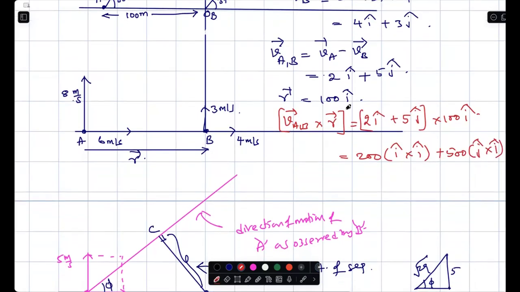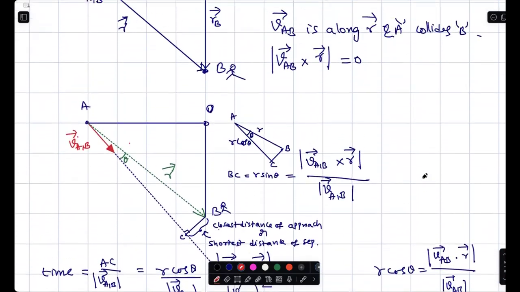You want only the magnitude of this, don't forget. i cap cross i cap is 0. And 500 j cap cross i cap is minus k cap. So you will get the magnitude of this as 500. Non-zero means they won't collide.